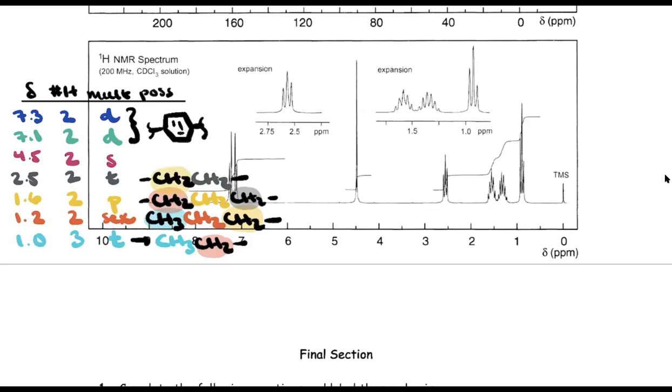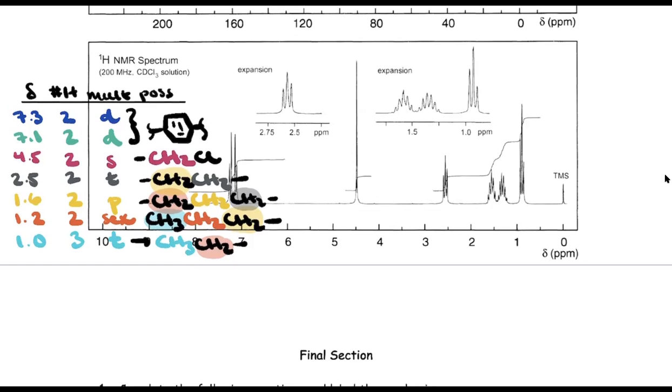Cool. And then that singlet right there, notice it's really, really downfield. So if you look at your chart, it'll probably be the CH2 that's next to the chlorine. And then on the other side, it'll probably just be the benzene ring. All right, so now we have all of our fragments.